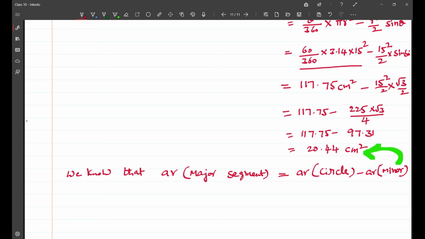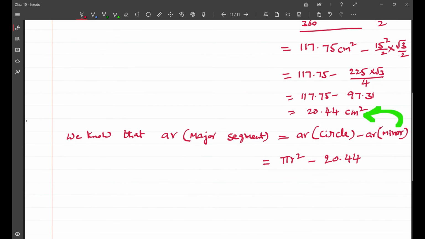Now let's write the area of circle formula, that is pi r square, and area of minor segment already found previously, that is 20.44. Pi value 3.14 given in the question. So I am writing here 3.14 multiply, given radius is 15, so 15 square I am writing, minus 20.44.